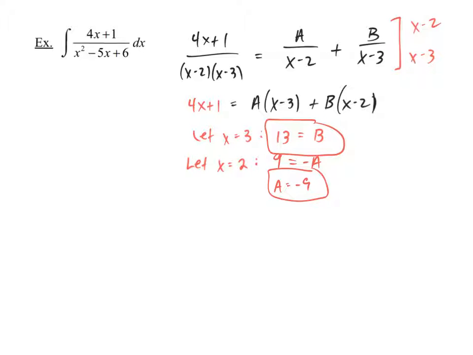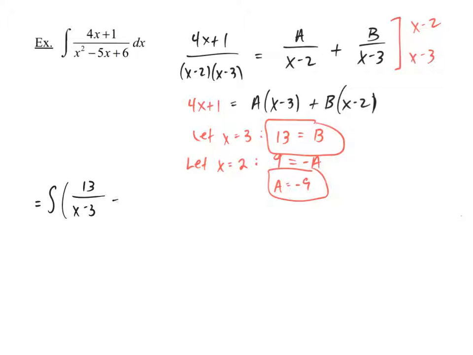So once again, just for simplicity purposes, I'm going to write the positive term first. So the positive 13 for B means that I'm actually going to write this fraction first and then the A fraction second. And that's just out of simplicity and preference, really more than anything else. So this is going to be the integral of 13 over x minus 3.